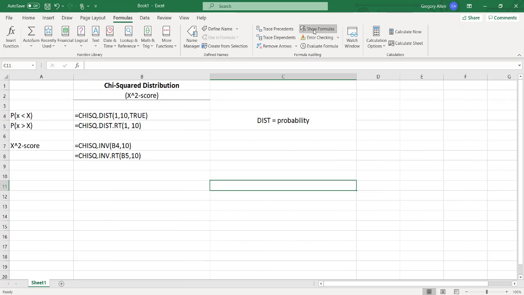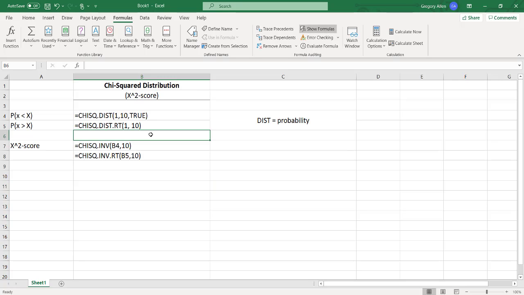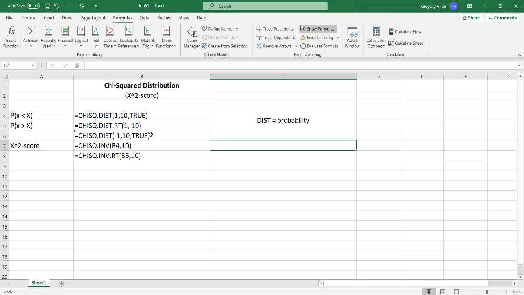Now, one thing to keep in mind, because every once in a while I'll see students get thrown by this. Remember, the chi-square distribution is a little unusual compared to what you've already seen with the normal and t distributions. The chi-square distribution does not take negative values. So if I come up here and I say chi-squared dot distribution, and I try to give it a negative chi-squared value, you see already it's giving me a hint.